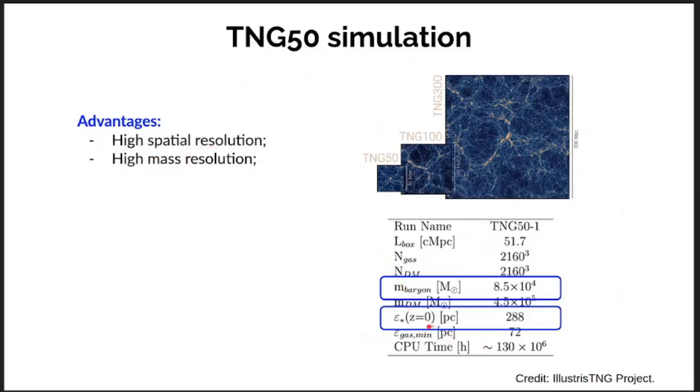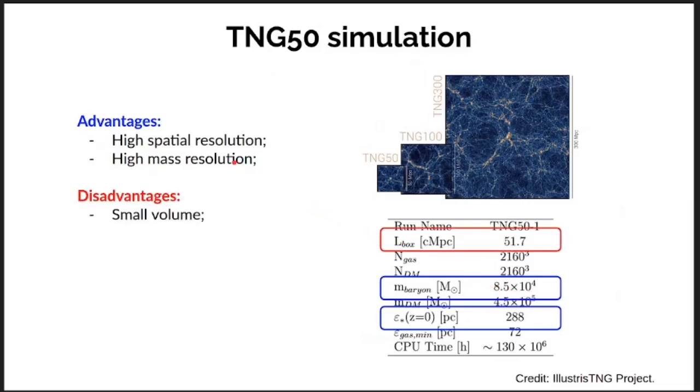Here we consider the spatial resolution comparable to 3 times the gravitational softening length, and it has a high mass resolution, having this mass for the smallest stellar particle.